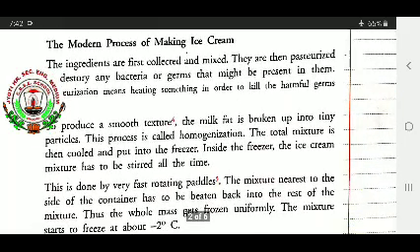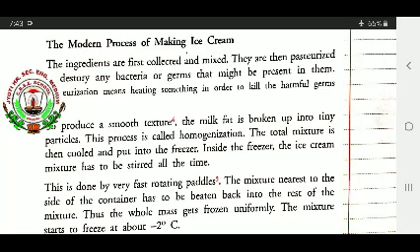To produce a smooth texture, the milk fat is broken up into tiny particles. This process is called homogenization. The total mixture is then cooled and put into the freezer. Inside the freezer, the ice cream mixture has to be stirred all the time.